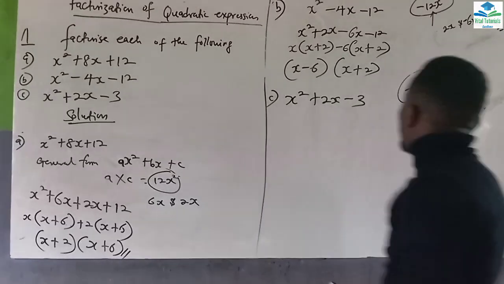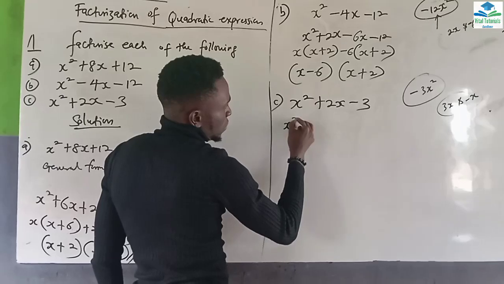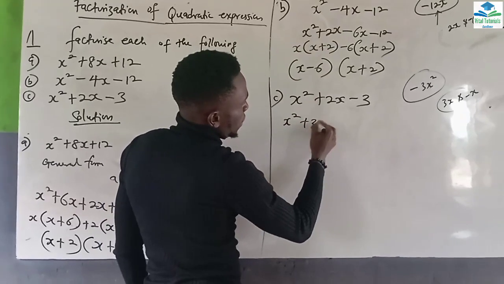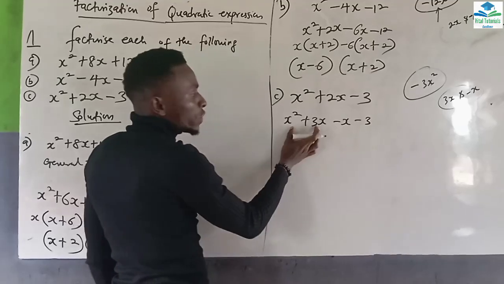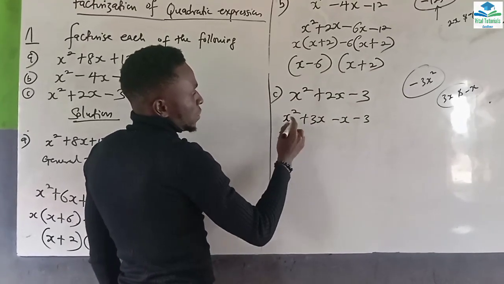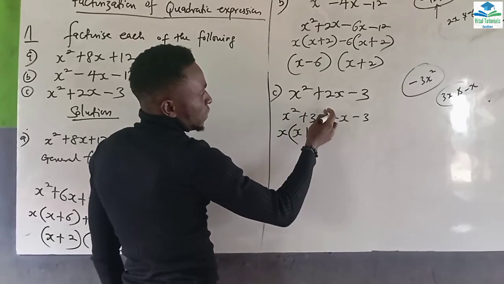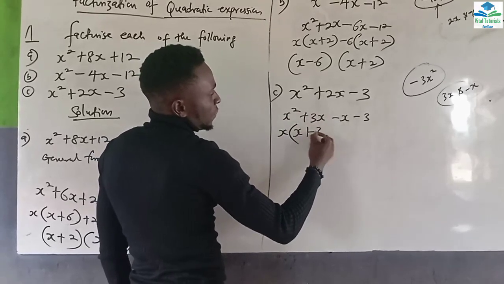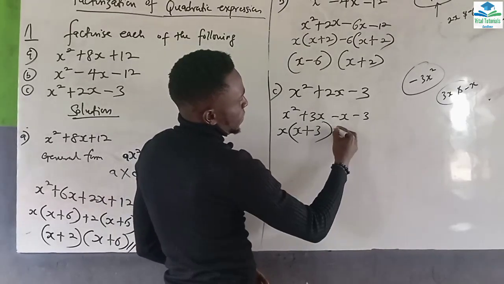All right. So you're going to use these two numbers to replace this 2 here. That's x squared plus 3x minus x minus 3. What is common here? x is common. You pick x out. If x cancels this x, one x is left. If x cancels this x here, there's 3 left. Now, what is common here? Nothing is common, so you just say minus 1 is common.